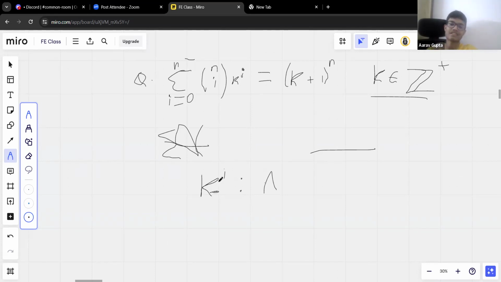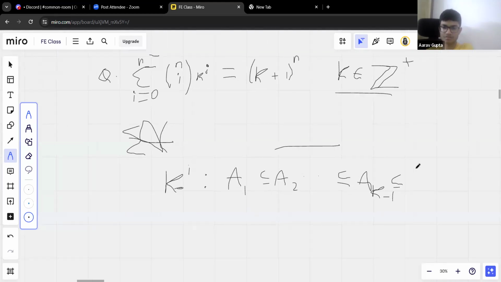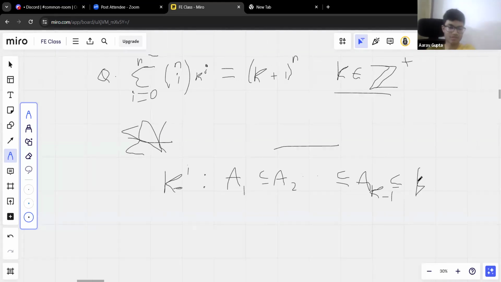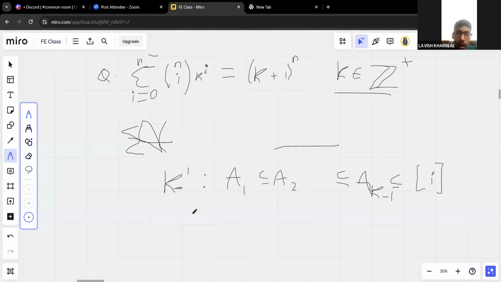Let's just say k to the power of i is the number of sets of subsets a1, which is a subset of a2, and so on till a sub k minus 1, which are all subsets of 1 to i. Does anyone have any ideas on how to prove this? The result is clear, right? That's what I'm trying to conjecture.